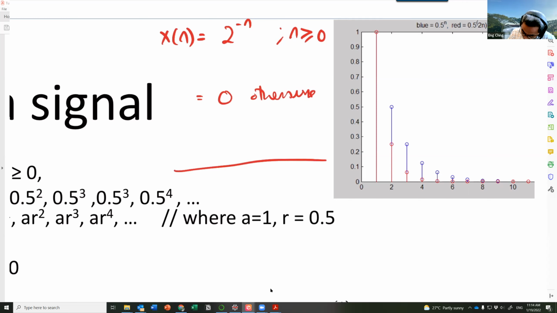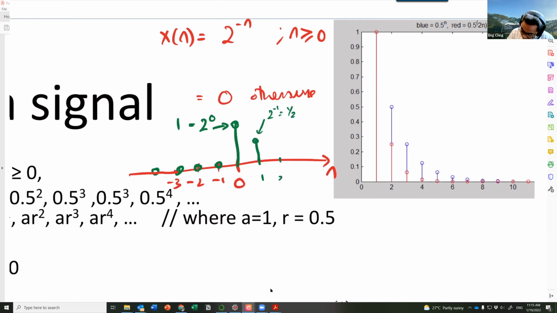If this is the sequence, this is 0, minus 1, minus 2, and n. Everything on the left-hand side of time index 0, our sequence is 0. What about at time index n equals 0? 2 to the power minus 0 is actually 1. 2 to the power 0 is 1. What about index 1? 2 to the power minus 1 is half.